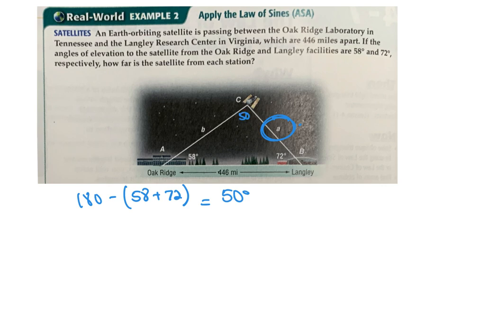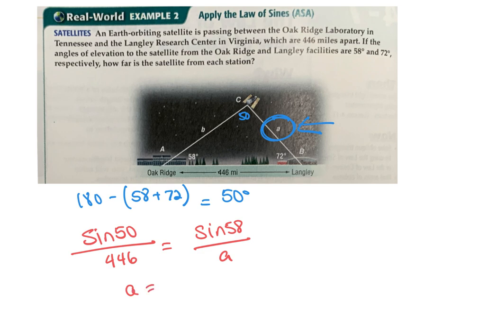Then if I want to solve for A, the sine of 50 over my length across from that, 446, equals the sine of 58 over my A that I'm solving for. Then use law of sines, cross multiply. A equals the sine of 58 times 446 divided by the sine of 50.